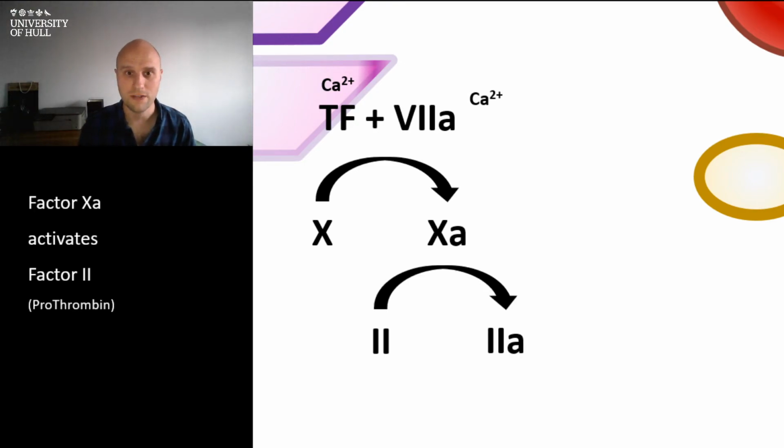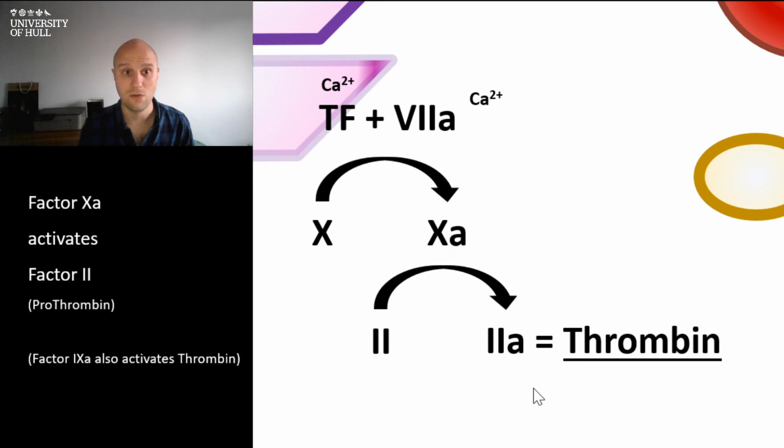Now, what's significant about this reaction, whether it's 10 to 10A or 9 to 9A, is that it then goes on to activate another enzyme, another important clotting factor, which is factor 2. And this is also known as prothrombin, and the active form is known as thrombin.